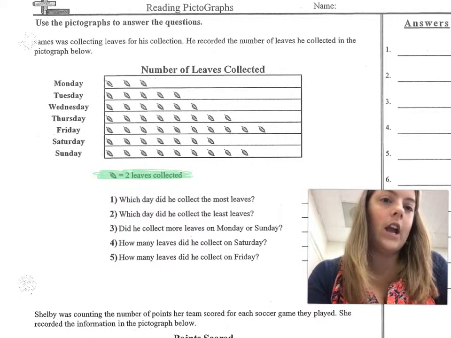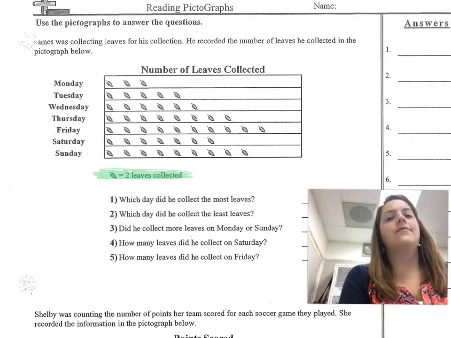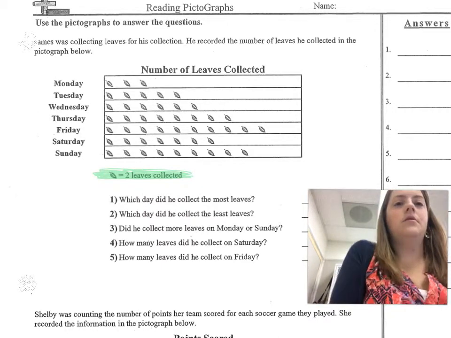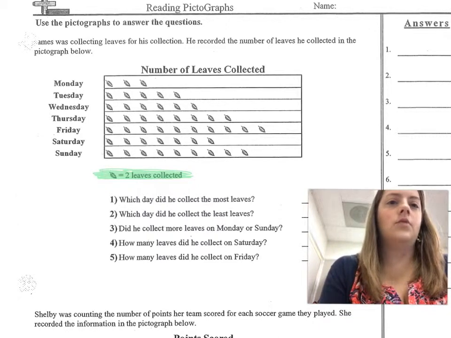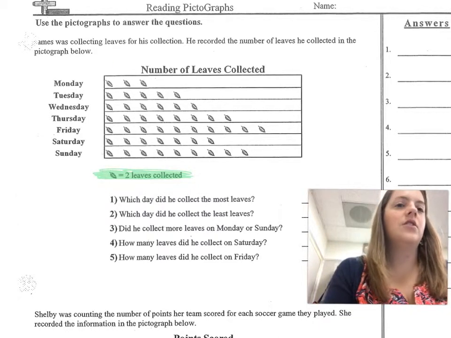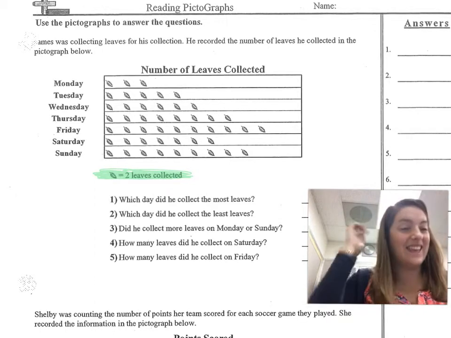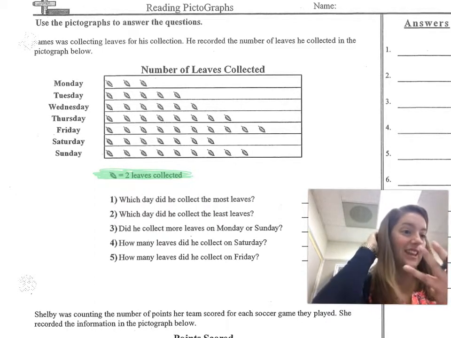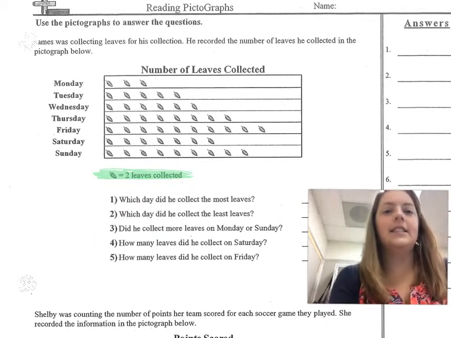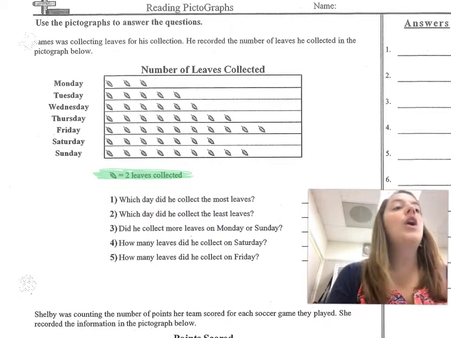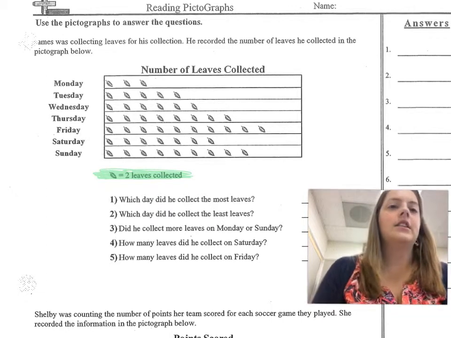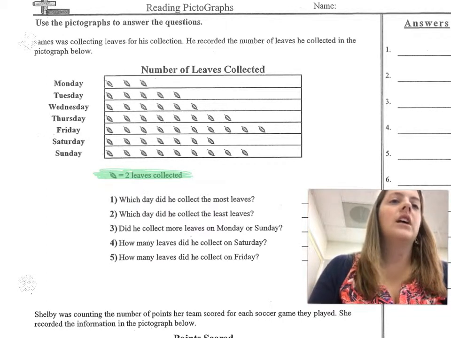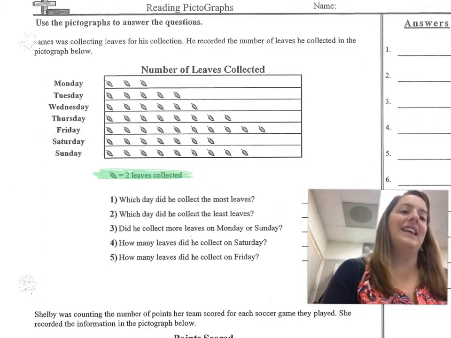This is very important, because if you count each of these leaves as 1, 2, 3, you're going to think that on Monday he collected 3 leaves. When in reality, since each leaf represents 2, you have to count by 2s. So really on Monday he collected 2, 4, 6 leaves.